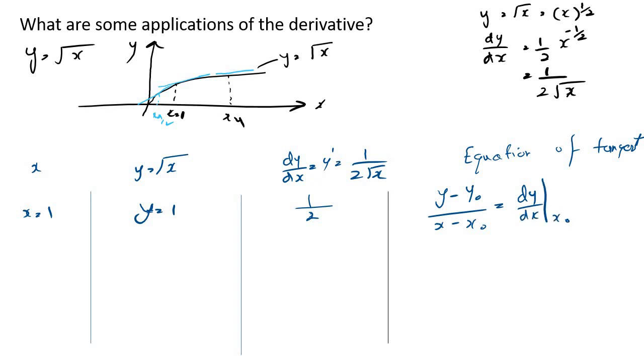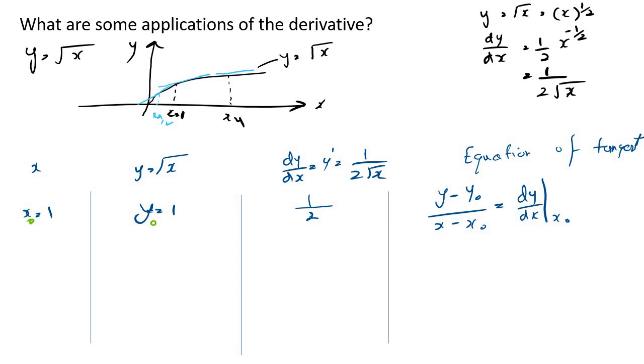So if you get the gradient at x0, and if you find y0 and x0, we can write the equation of the tangent. If we assume that this is x0 and y0, then you can get the equation of the tangent at this x0, y0.